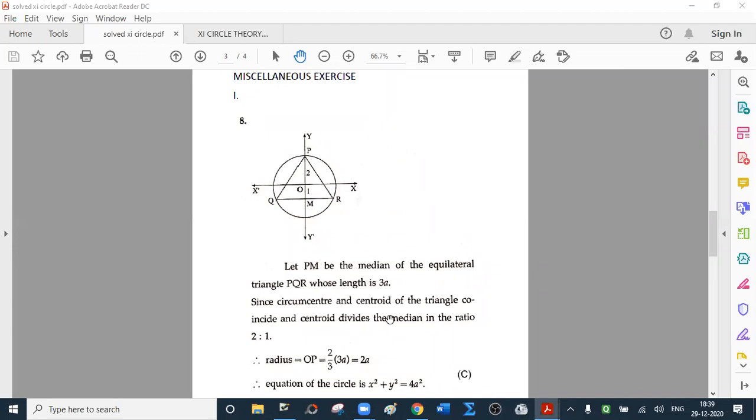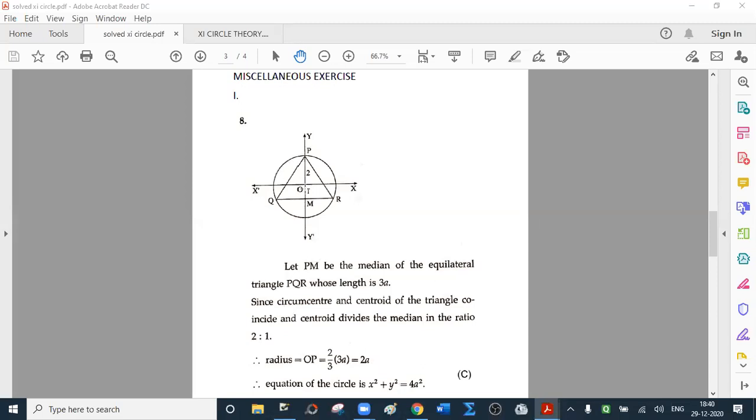Now you should know that circumcenter and centroid of the triangle coincide, and you should know this property also. Centroid divides the median in the ratio 2:1. Okay. Now total is 3a. But this divides in the ratio 2:1. Okay. So radius must be 2/3 of 3a, which is nothing but 2a.